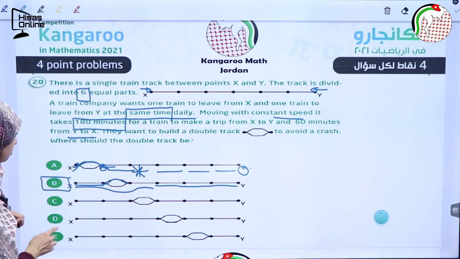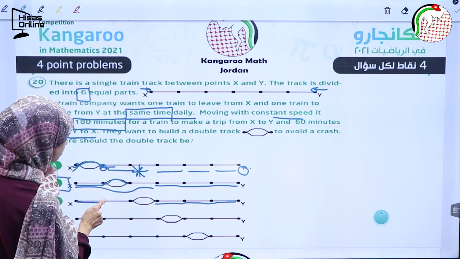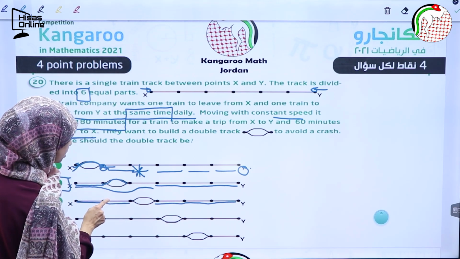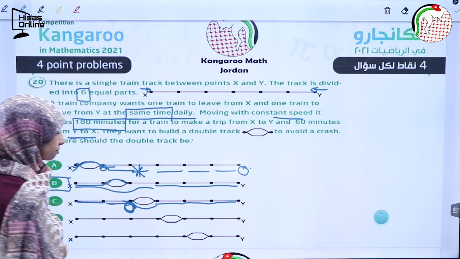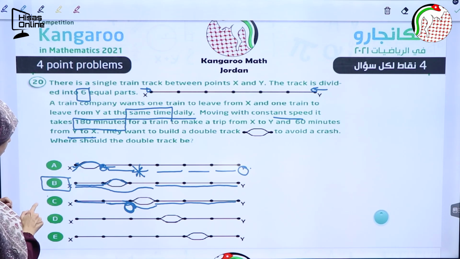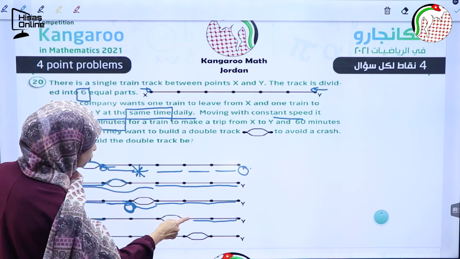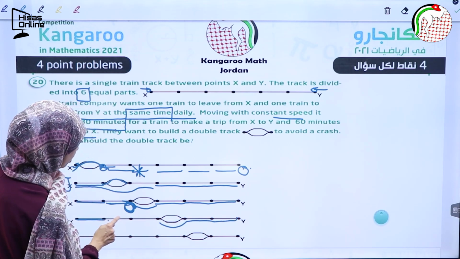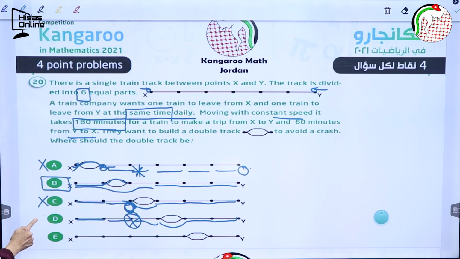Let's see C. 1, 2, 3. 1, still moving here. 1, there will be a crash here. Let's see D. 1, 1, 2, 3. 1, there will be a crash here.